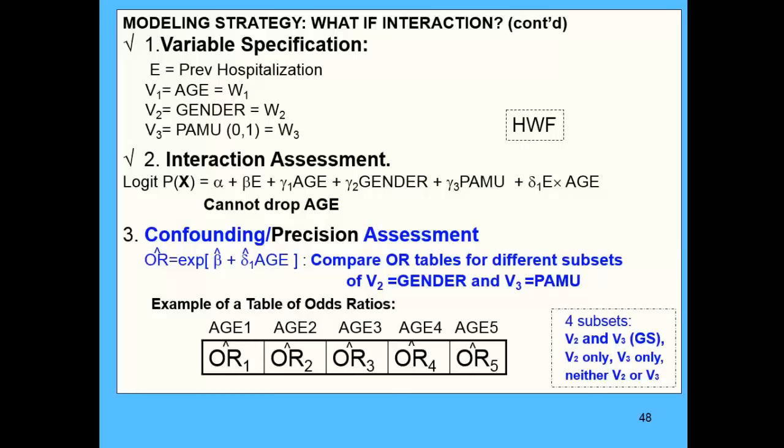Now, if we decide to consider confounding and we drop any one or more of the variables, gender or PAMU or both of them, then we're still going to get a table of odds ratios. But now if we ask the question, does the odds ratio change, we're not asking whether a single number changes. We're asking whether a table of odds ratios changes. That's what I've been saying.